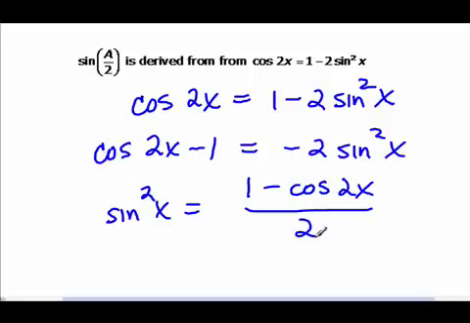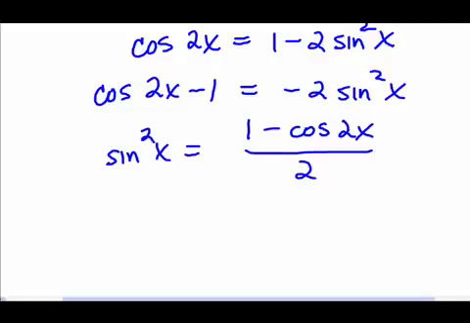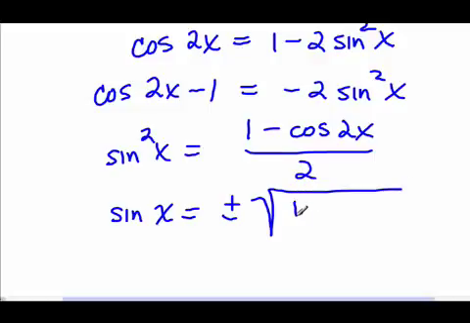And we'll go ahead and take the square root of both sides, giving me this. I have to leave the plus or minus in the formula because at this point we have no idea what quadrant we're dealing with. So we would simply pick the positive or the negative version depending upon what quadrant we're working in. We're not quite done yet.